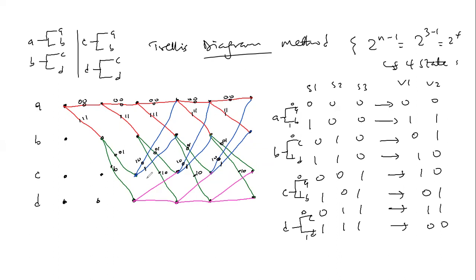And there we have 0, 1, right? And then from D to C, it emits a 0 here, and here, and the output is 1, 1. And in this case, it emits a 1 from D to D, and the output is 0, 0.